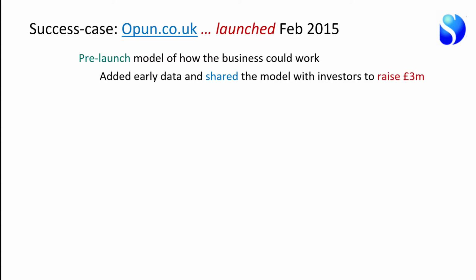So this is a really successful case. Opun launched in February 2015, and the CEO, Rod Brown, built this model before he hired anybody, before he tried to raise any money. He built this model of how he hoped the business should work. And he added early data as soon as the business started operating, shared the model with investors to raise £3 million of new venture funding early on in the life of the business.